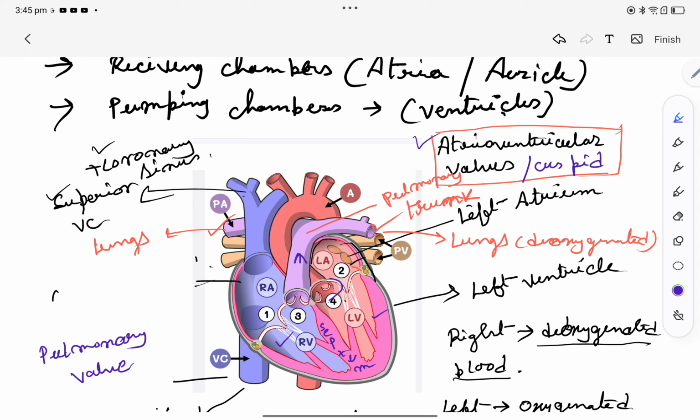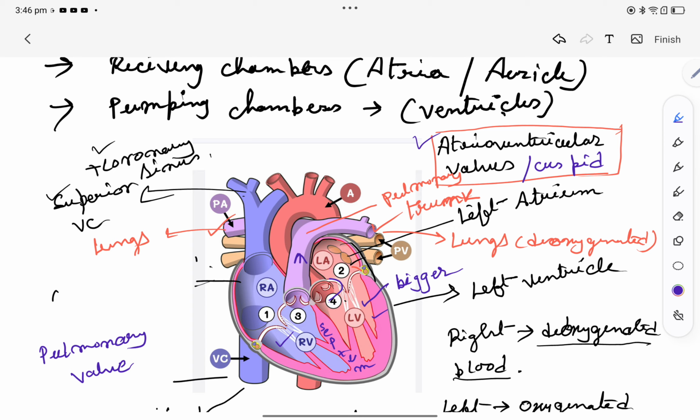Interventricular septum. Now this interventricular septum is irregular and obliquely placed. Because of this, we can see that the left ventricle is a little bit bigger than the right ventricle.